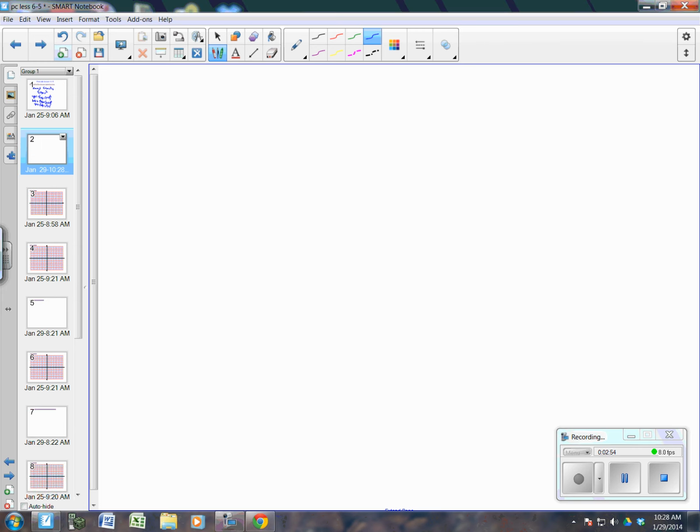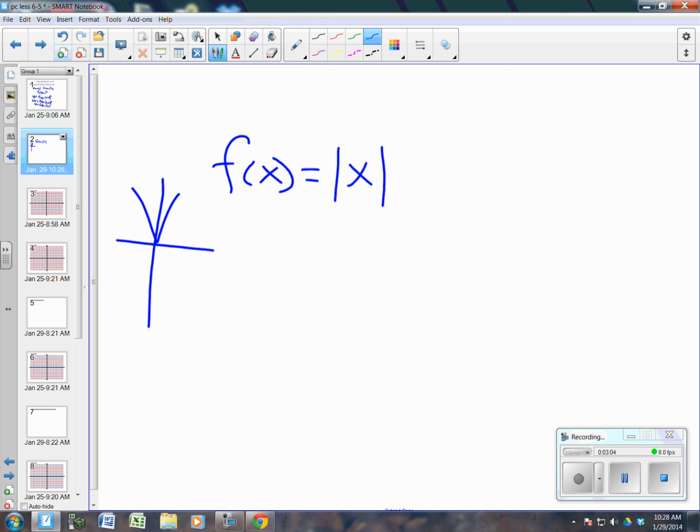For example, the function f of x equals the absolute value of x. Remember, this is a V shape, and it's at 0, 0. What if I want to move it up 3? This is going to be the same thing, so watch this. You guys got to stay with me because we got to get going.